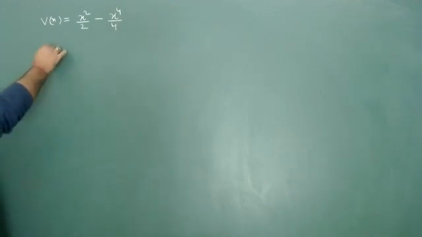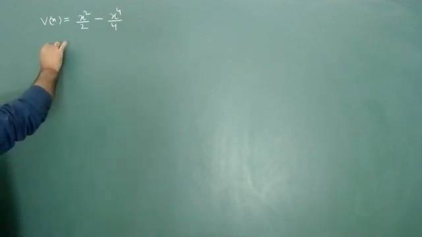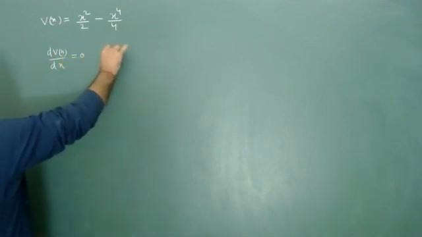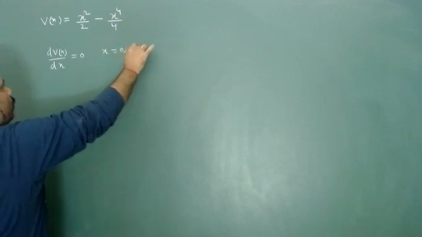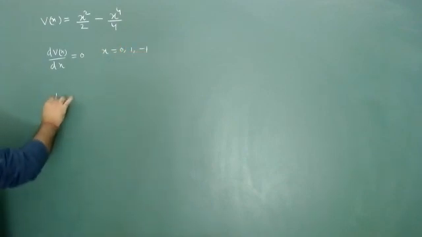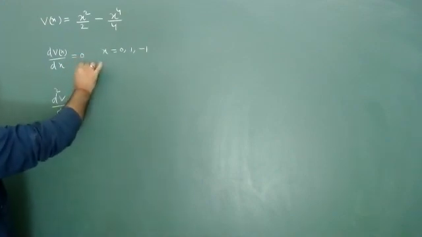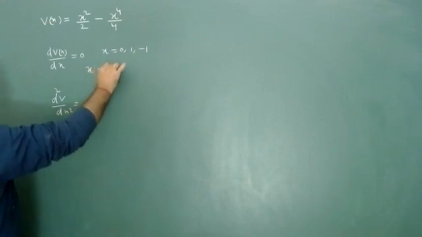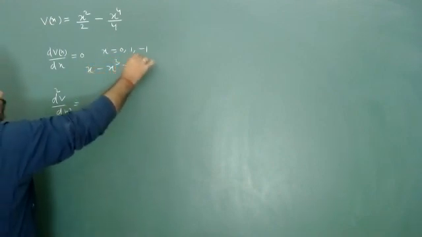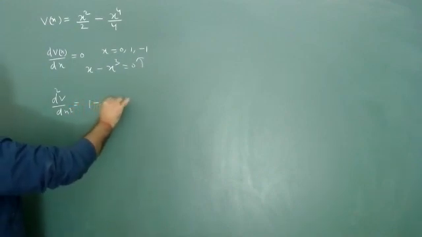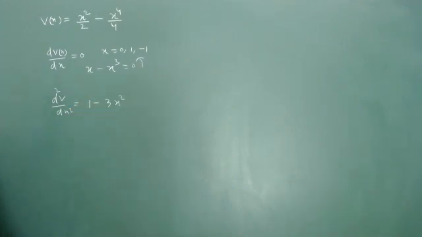So what we have to do? We have to first find where my equilibrium points are. So dV upon dx is equal to 0, giving x equal to 0, 1, minus 1. Then we have d square V upon dx square. dV/dx is x minus x cube, and this will give 1 minus 3x square.